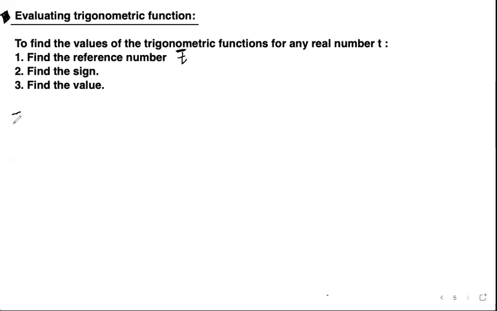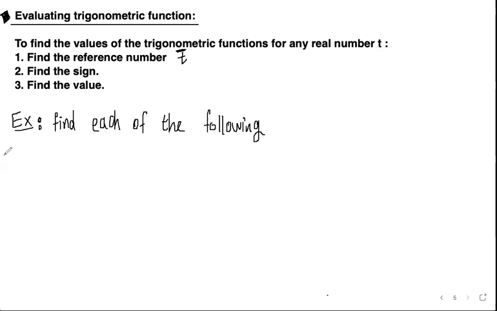So example: find each of the following. Number one, find the cosine of 2 pi over 3.